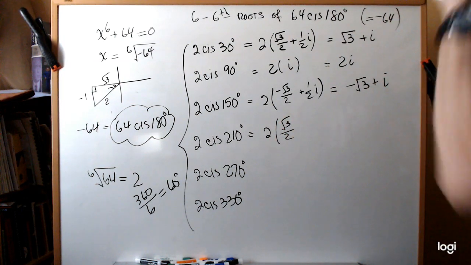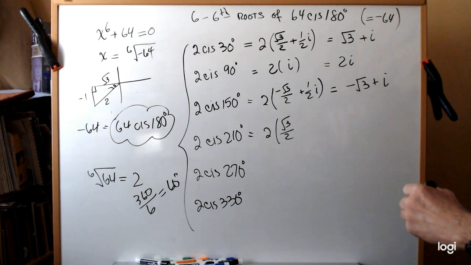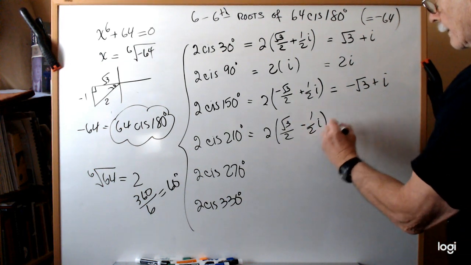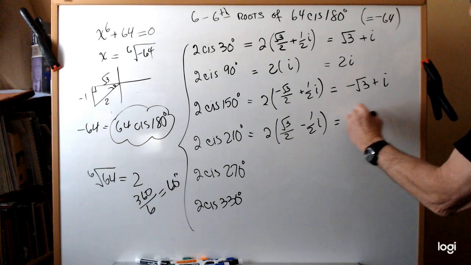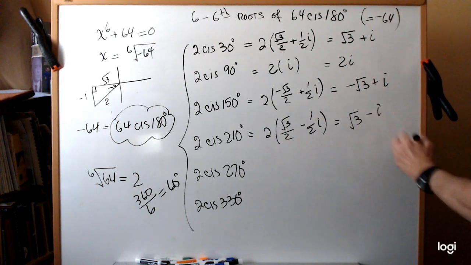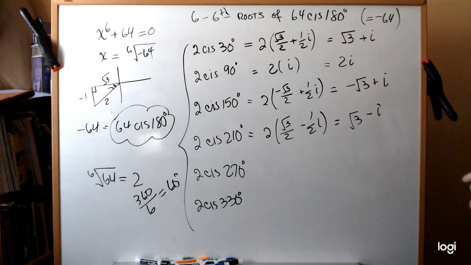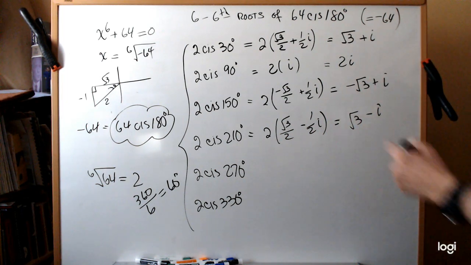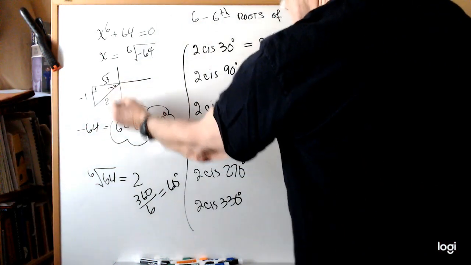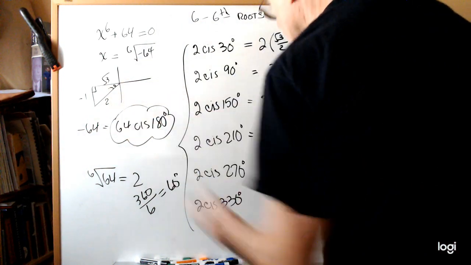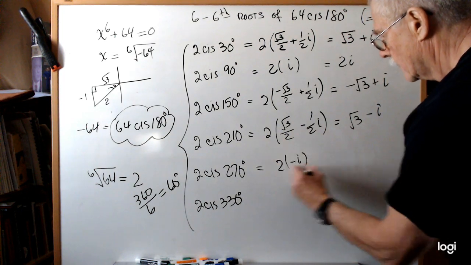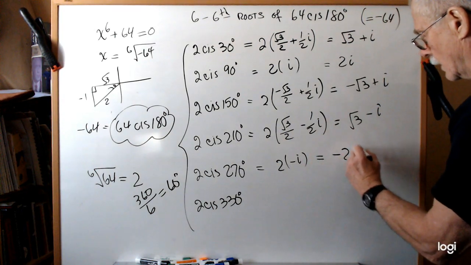And then the sine of 210, opposite over hypotenuse, is negative a half. Multiply it out, negative rad 3 minus i. Okay, so not the same, they're close, they are going to be distinct. And 270, well, that's right down here, so that would be minus i. So 2 times negative i, negative 2i.